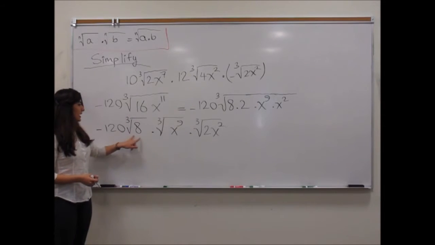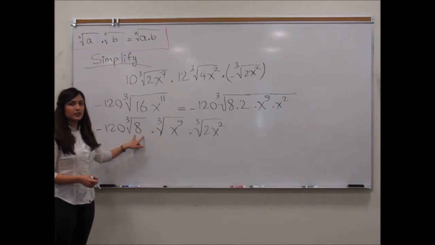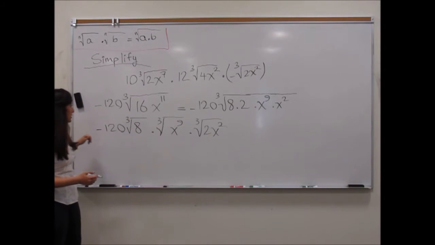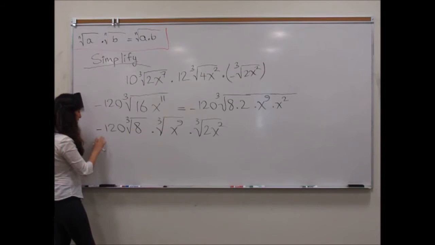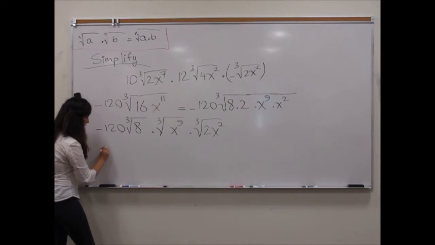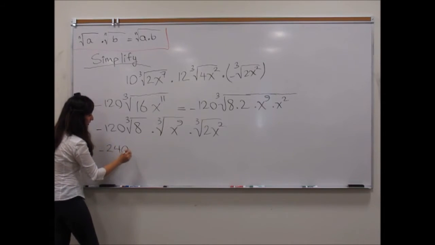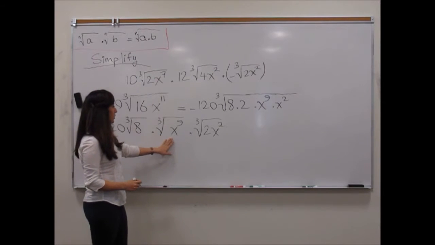Alright, so here, cube root of 8, 8 is a perfect cube, so 2 leaves the radical, and 2 times 120 gives me 240, and it's a negative, so negative 240.